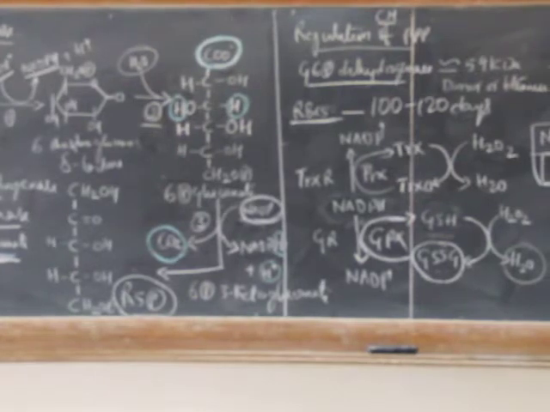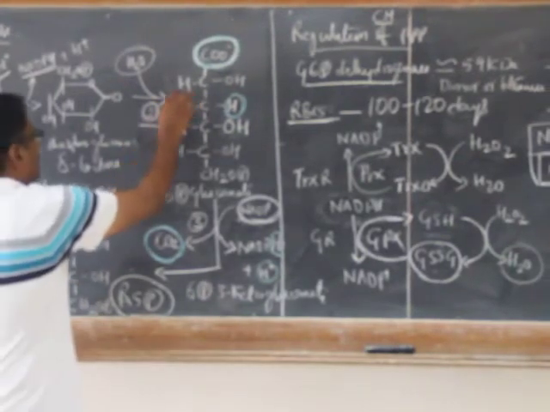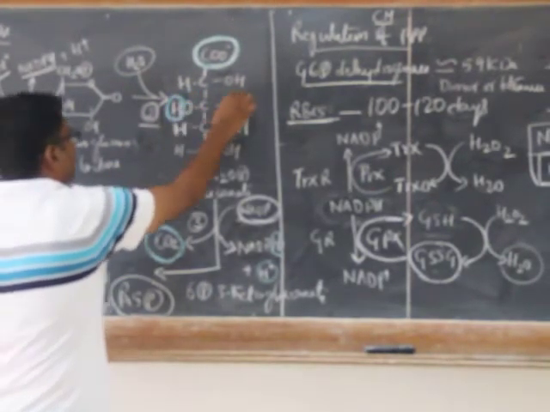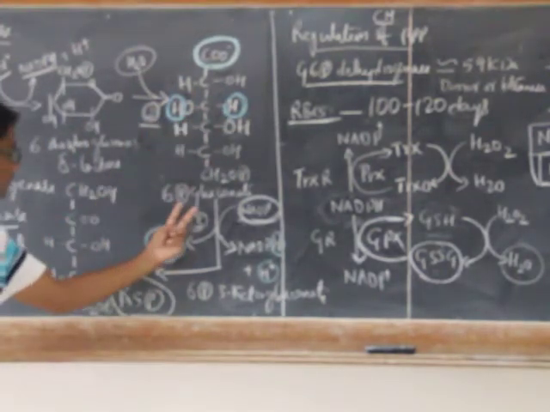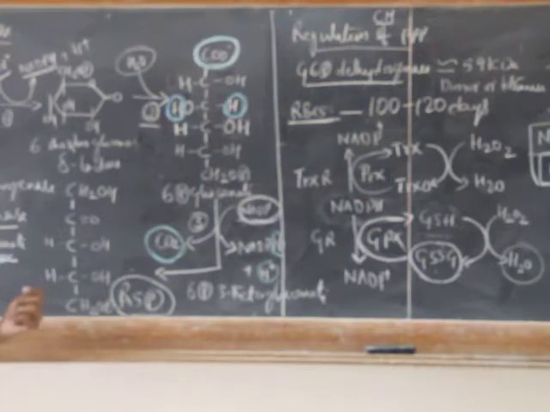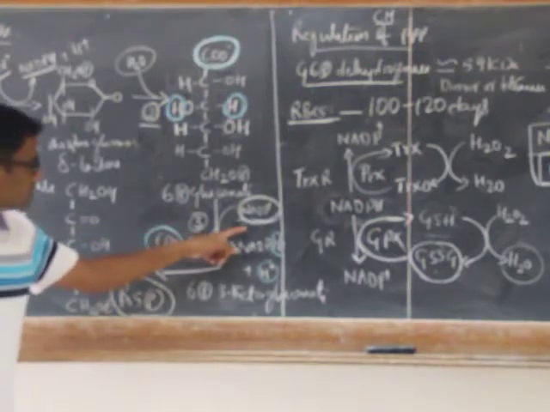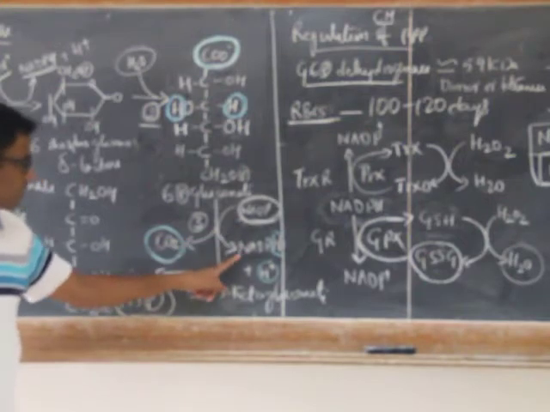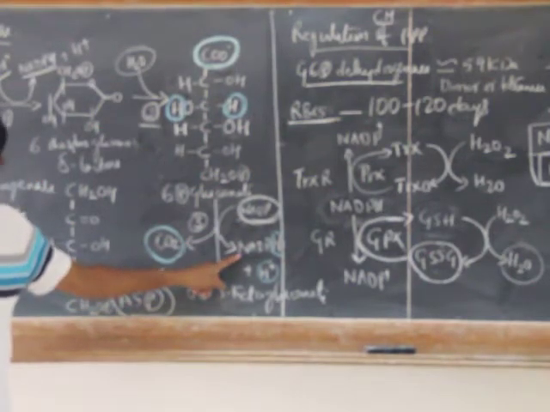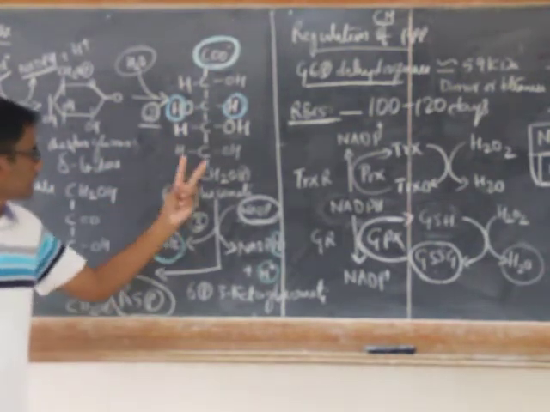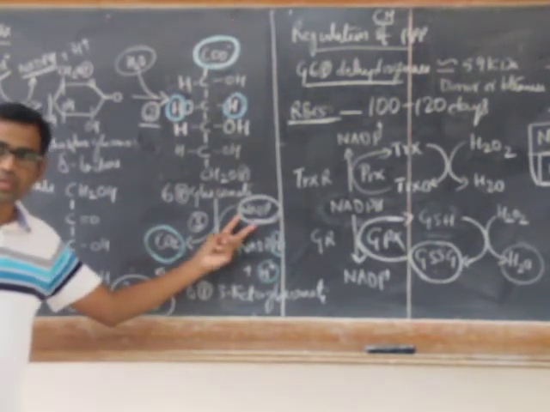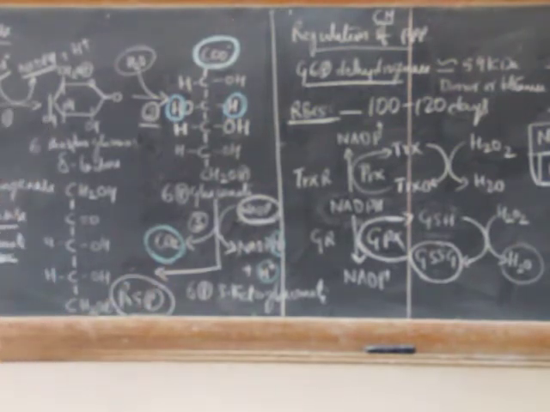In first step, here I marked the electrons, the hydrogens, right? So these electrons from 6-phosphogluconate will be transferred to NADP plus in first step. That NADP plus becomes NADPH. Right? Here, this enzyme transfers these two electrons to NADP plus and it is reduced to NADPH.